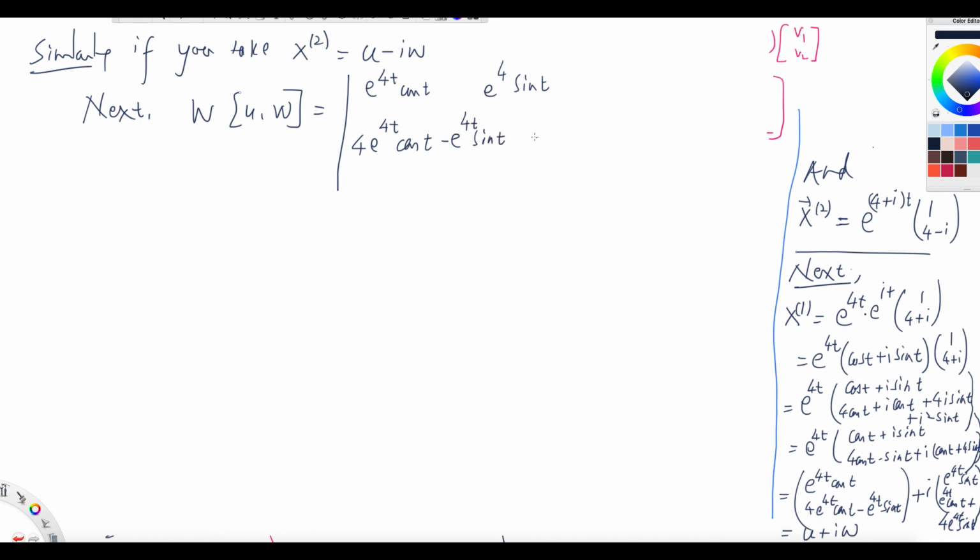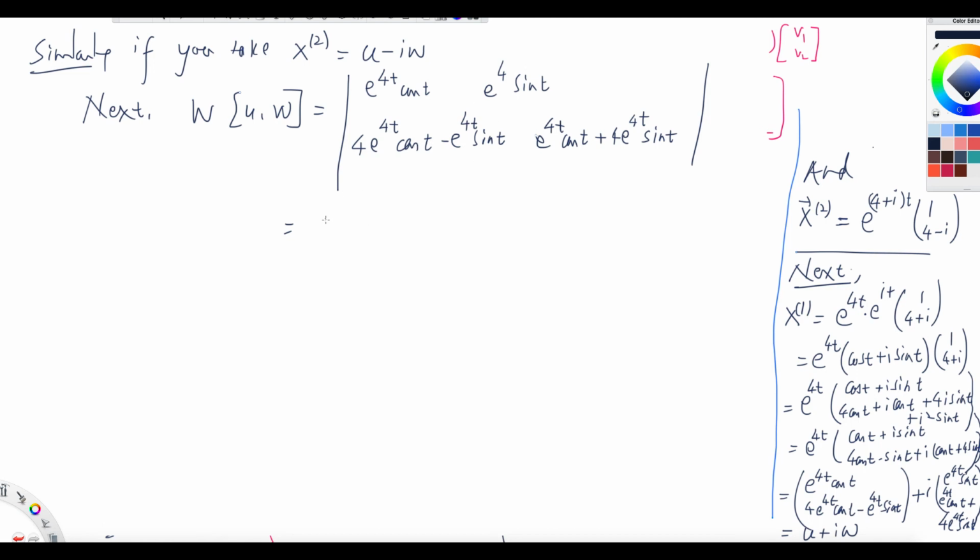And the second column is e to the 4t sine t, and e to the 4t cosine t plus 4 e to the 4t sine t. That is the determinant. How do you find it? You multiply this with that, and then minus you multiply this with that.